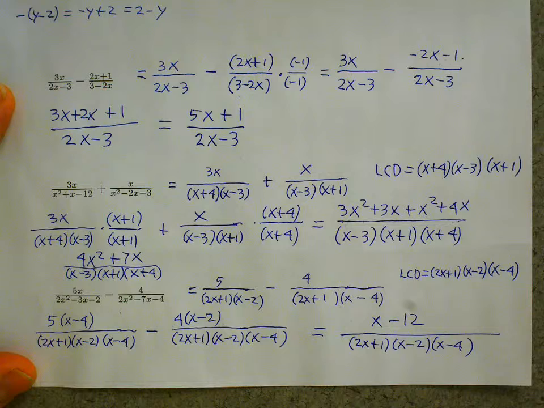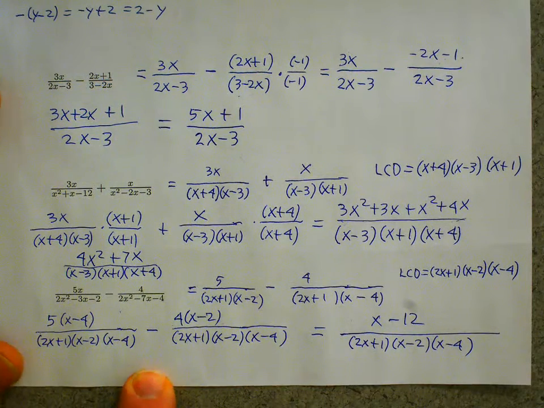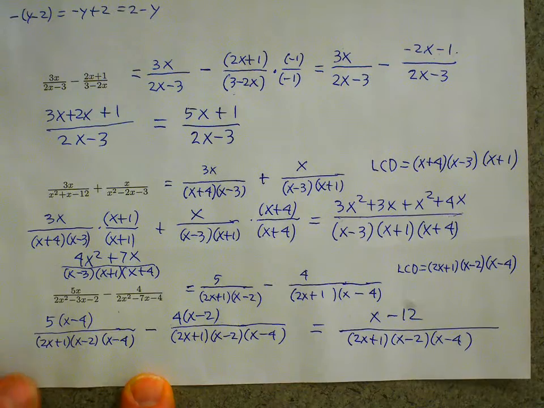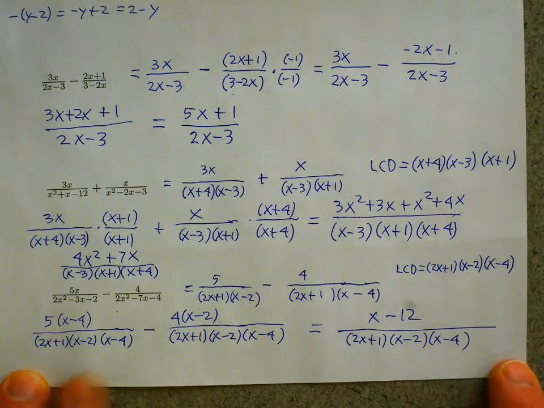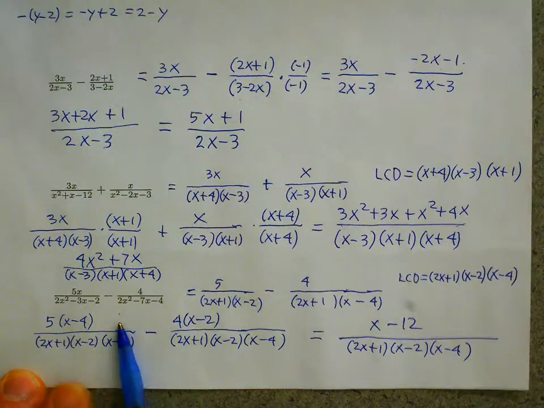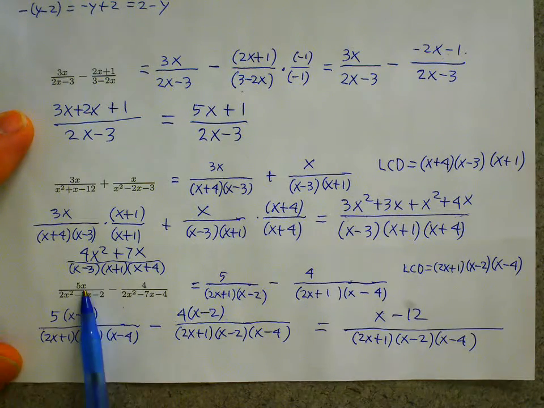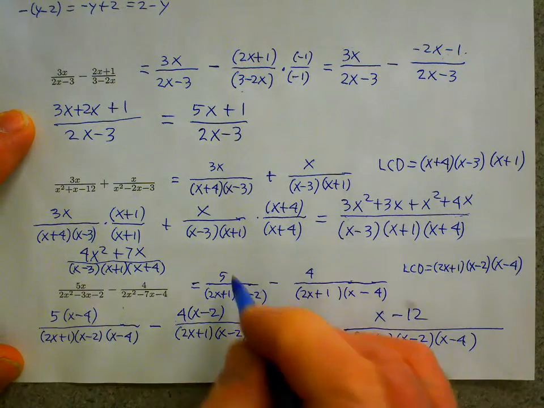Good question. In the numerator, on the original problem, it's 5x. It's not just 5. Oh, yeah, you're right. 5x is what we started with.